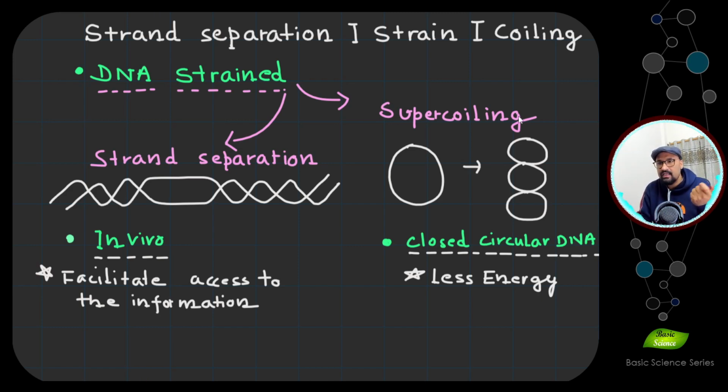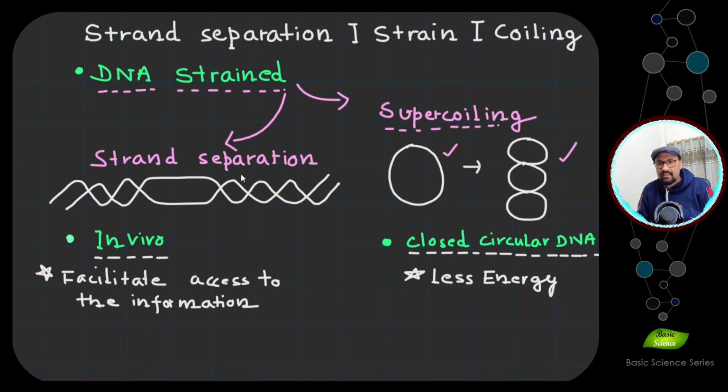One possibility is that it will lead to supercoiling of the DNA. This is the closed circular DNA, and now it is being supercoiled because of the strain in the DNA caused by the underwinding process.